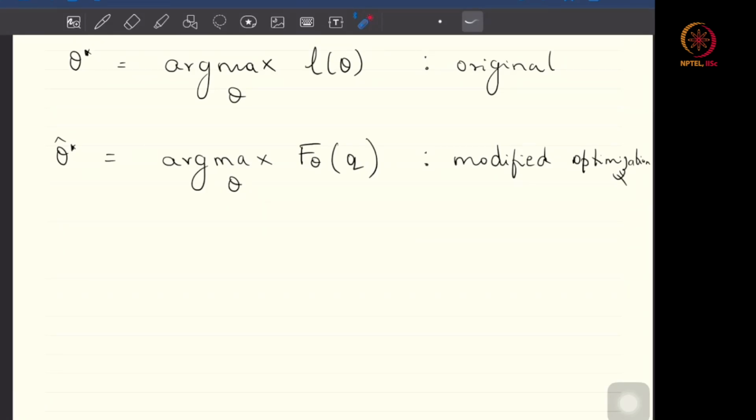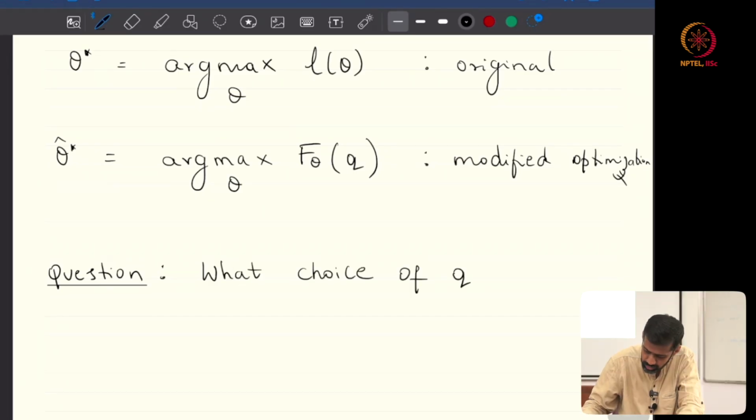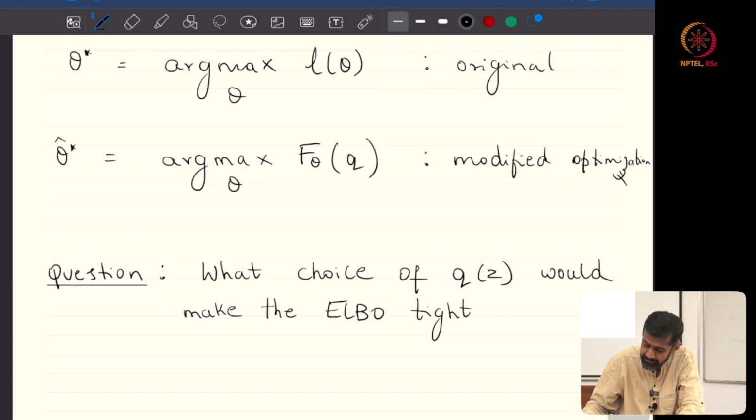Now let us look at this question. So what choice of Q would make the elbow tight? What do you mean by making the elbow tight?